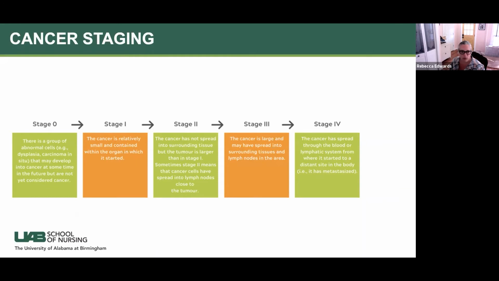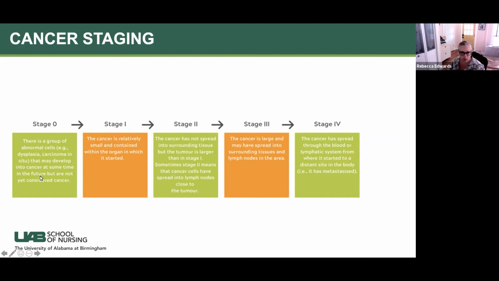In stage 0, they have found abnormal cells that may be dysplastic. They may be limited in terms of not having grown outside of the area where they started to grow, which is termed in situ, and not really considered a cancer yet, but on its way to being a cancer.